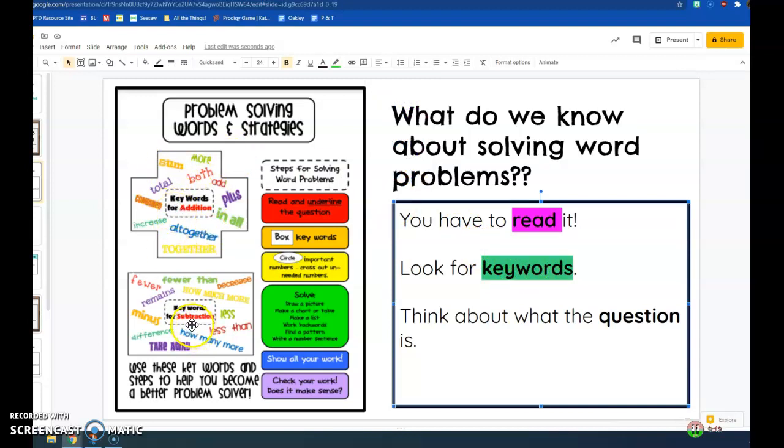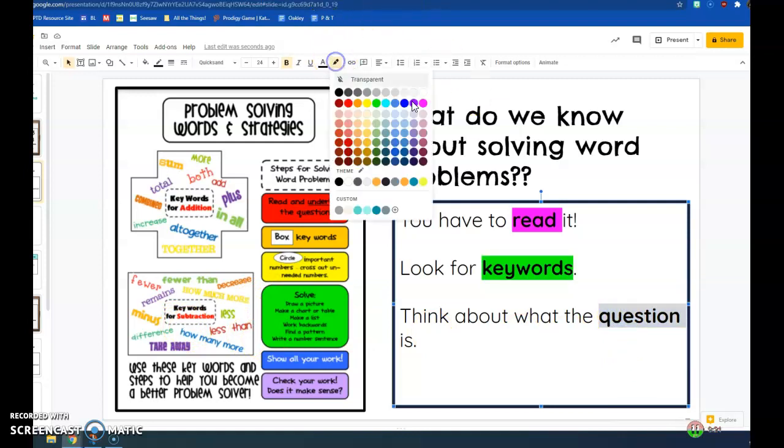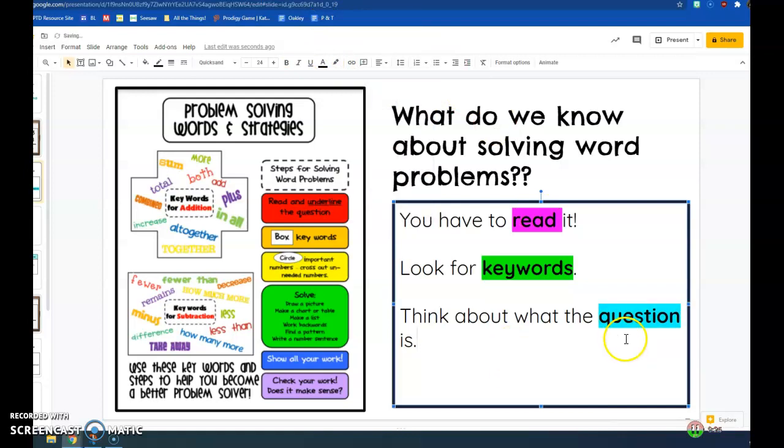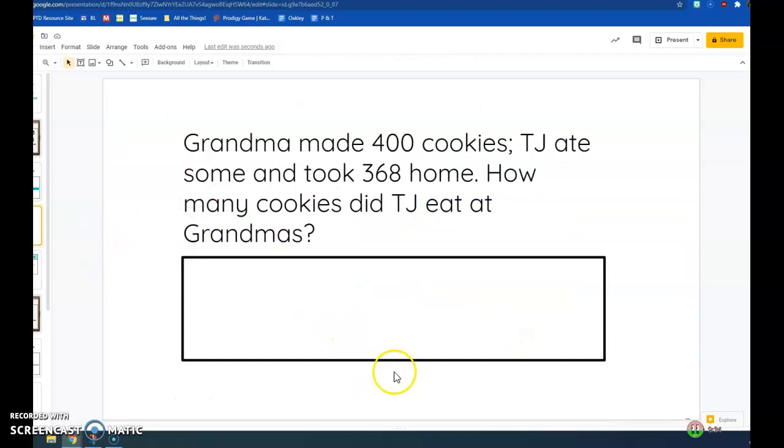Or are they telling you to subtract? Do you have to do some of both in order to find your answer? And then make sure you're really thinking carefully about what is the question that they're asking you. What are they wanting you to find out? Which part is missing?